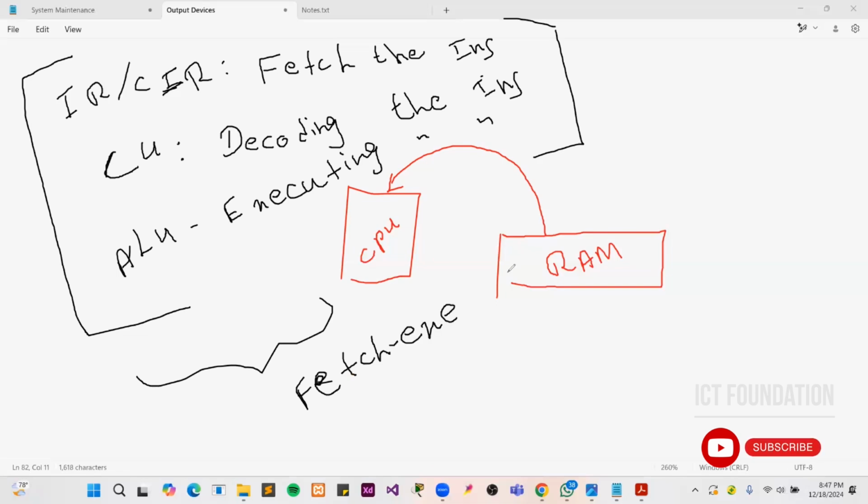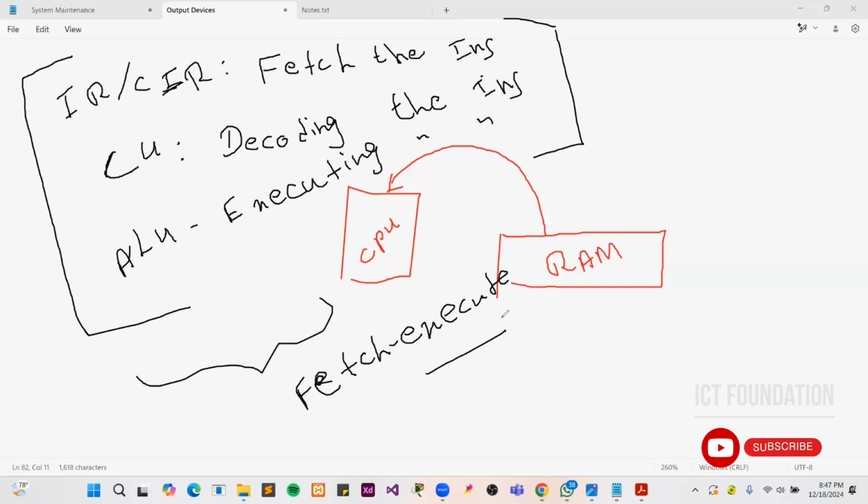It means the kind of activity within the CPU: the instructions or the data driven from the RAM will be executed within the CPU. Within the CPU, we have multiple hardware components, IR, CIR, CU, ALU, and these three are handling the major activities of the fetch execute cycle. This is what is happening within the CPU.